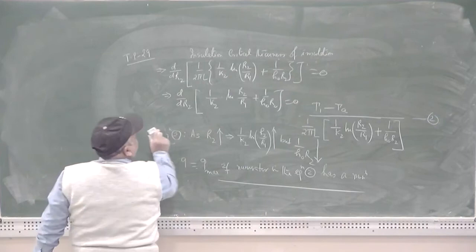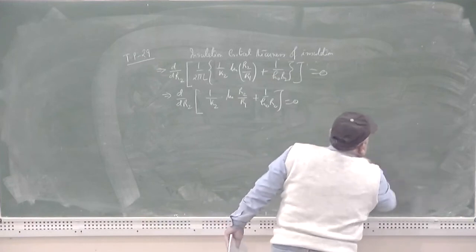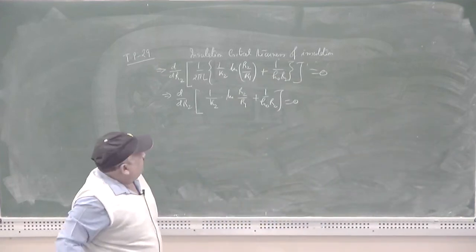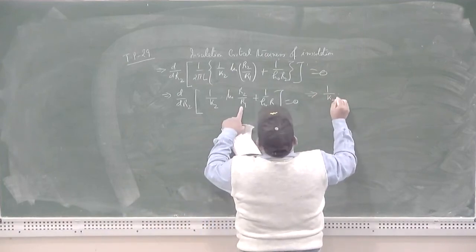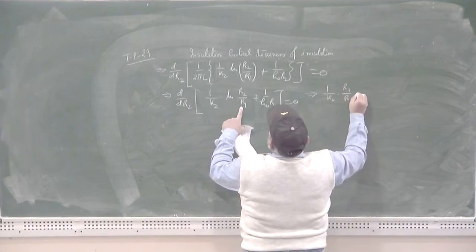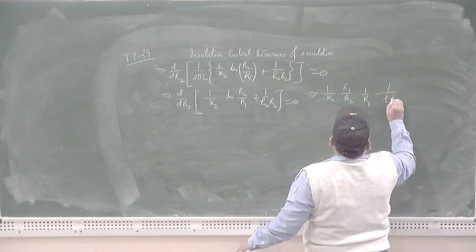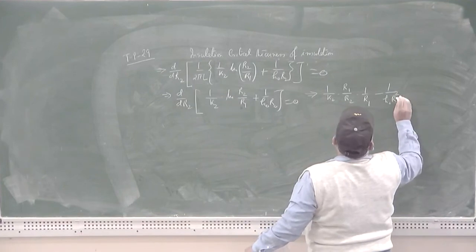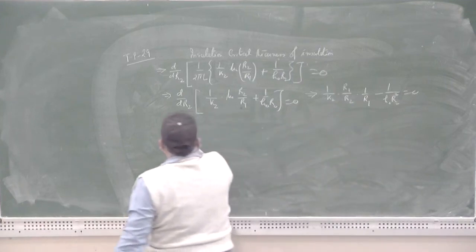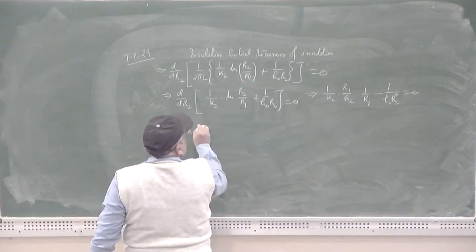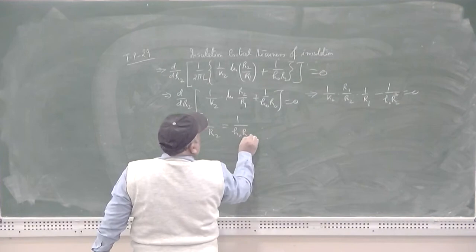The differential coefficient will be 1 upon K2, R1 upon R2 into 1 upon R1, minus 1 upon h0 R2 square, that should be equal to 0, or 1 by K2 into 1 upon R2 should be equal to 1 upon h0 R2 square.